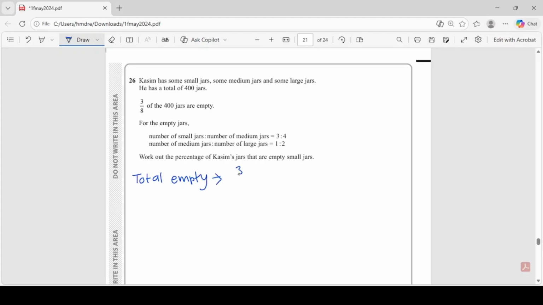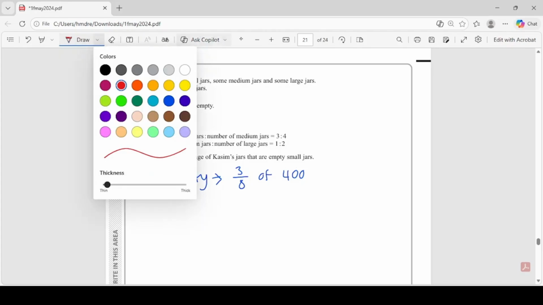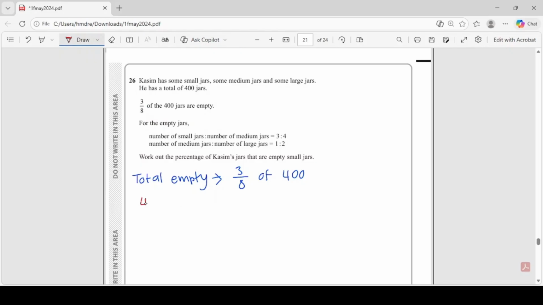And we said 3/8 of the 400 jars are empty. So we can work this out. How we work out this question is we always take 400 divided by the bottom number, so divide by 8.